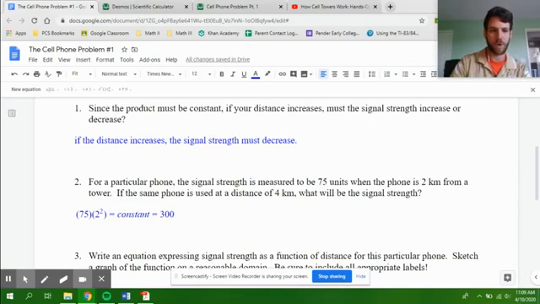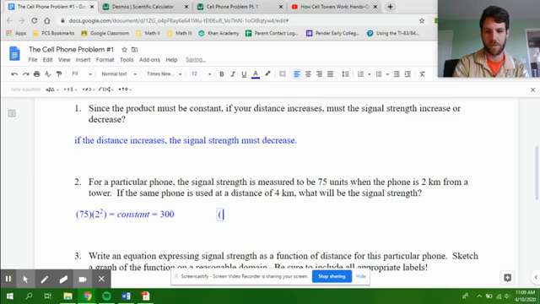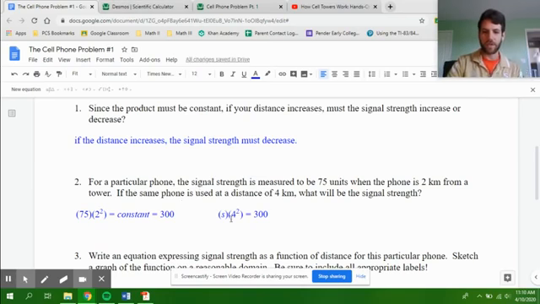In this problem, we don't know what S is. We have an unknown S, and that is being multiplied by our distance 4 squared. And we know that it still has to equal the same number. In this case, it is 300. If that is true, we can divide both sides by 4 squared.